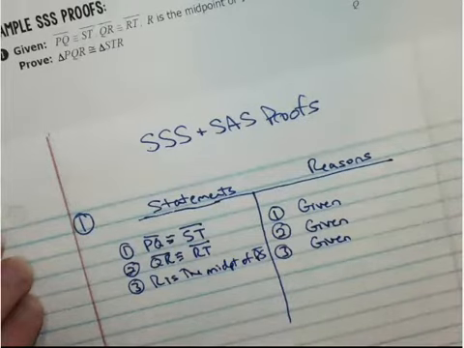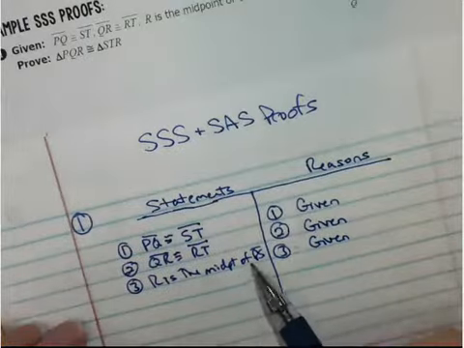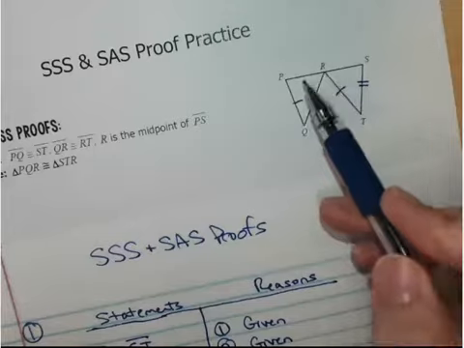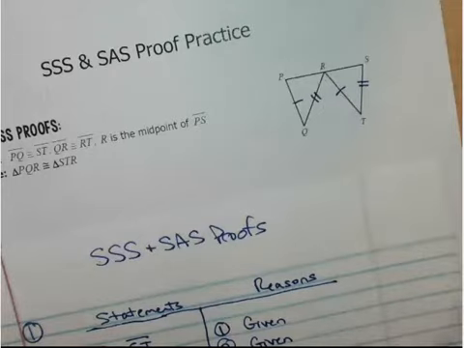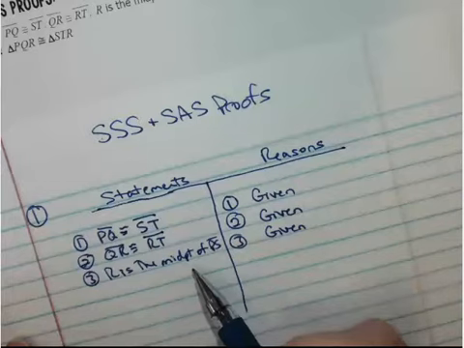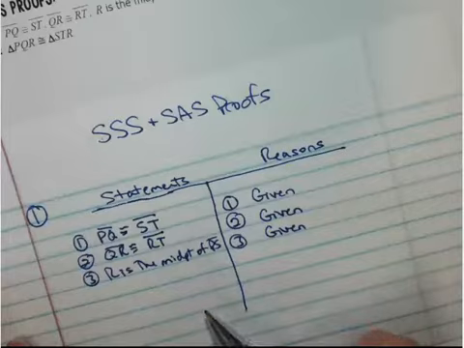But I am going to have to take a little step here to take this information about R being the midpoint so that I can say that these two are congruent. So this is when we're going to look back at our reference, and your cue here is the word midpoint. So when you look back at your reference sheets, you saw that there was a definition of midpoint.